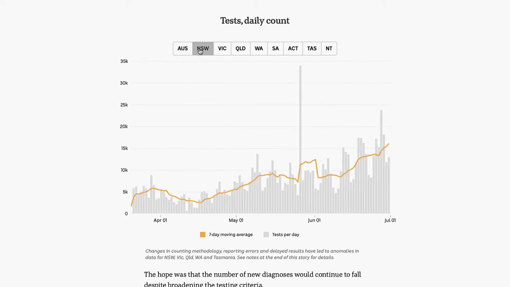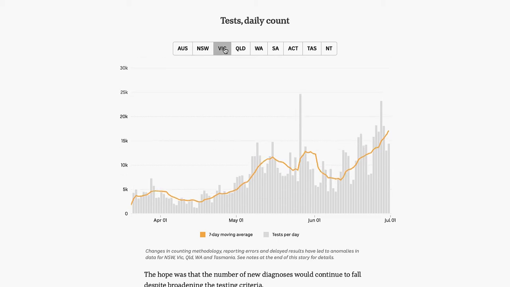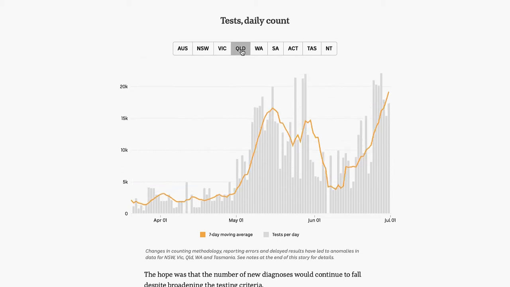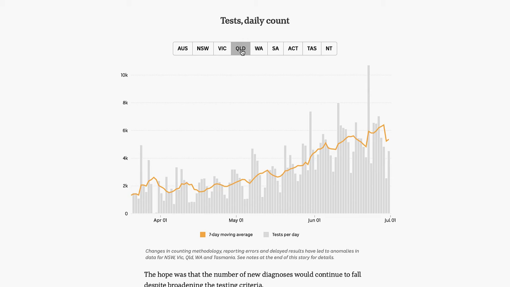So this is New South Wales compared to Victoria, compared to Queensland. So we can see that different states are responding differently in terms of their testing. So again, this information would take paragraphs to explain, but it's a really audience-friendly way of engaging in a comparison. So graphs help us not only comprehend complex information, but they also help us engage in comparisons.